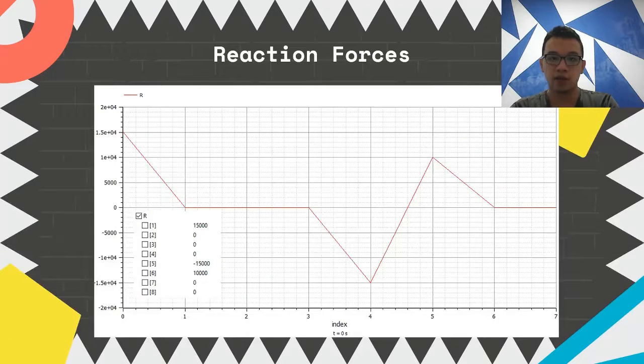And for the reaction force, we can see that when t equals 0 seconds, it has the highest reaction force, and when t equals 4 seconds, it has the lowest reaction force.